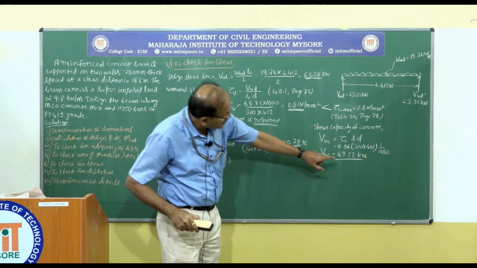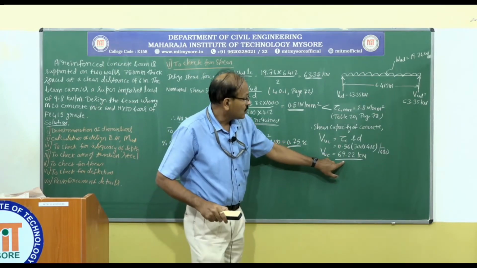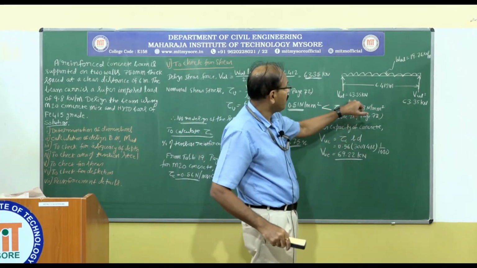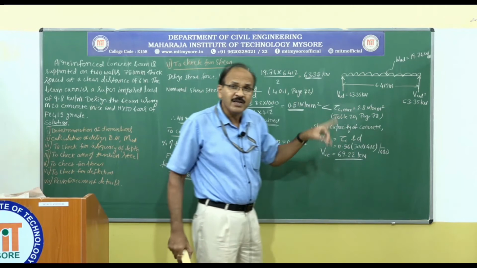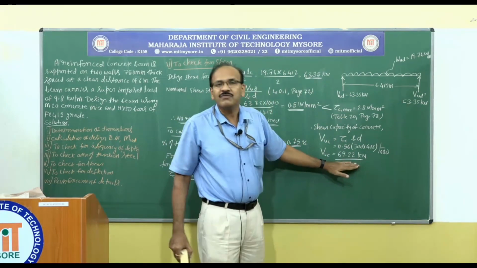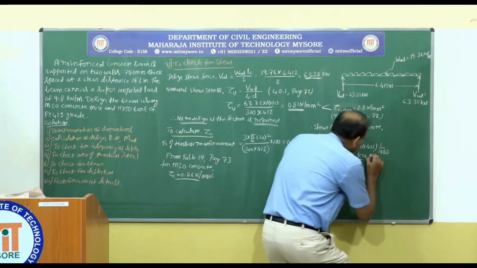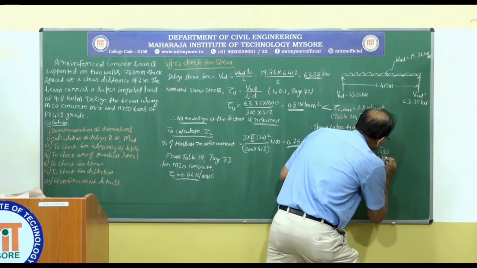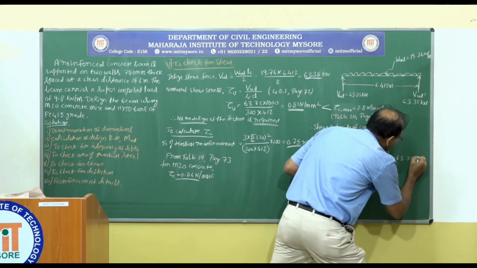What is the design shear capacity of concrete? 69.22. And what is the maximum shear force? 63.35. What it means is, concrete itself is good enough to take care of the shear. This is greater than VUD, that is equal to 63.35 kilonewton.